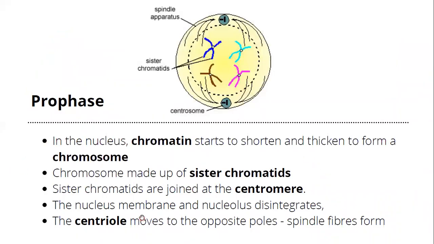What happens in prophase is that in the nucleus, the chromatin starts to shorten and thicken to form chromosomes. So what are chromosomes in this prophase? We know that the genetic material inside the nucleus we call chromosome, but in prophase, the chromosomes we're going to call sister chromatids.